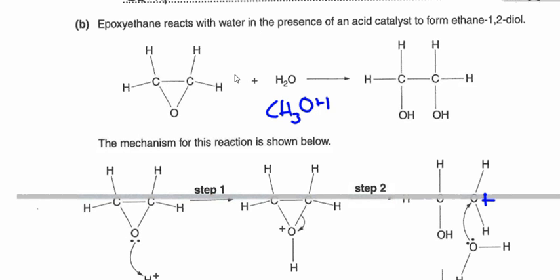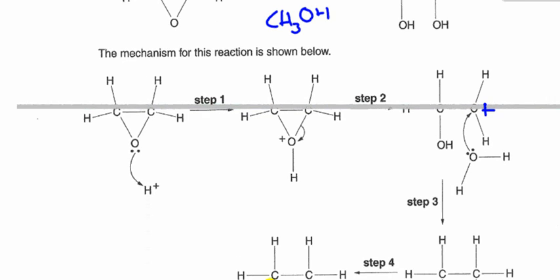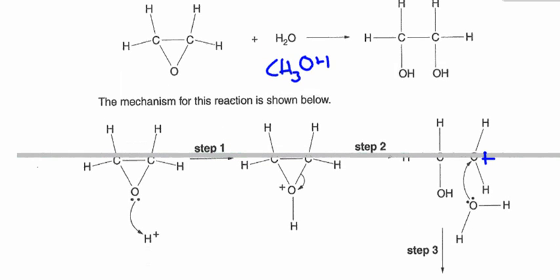So if you did the same reaction with epoxyethane, but instead of using water, you used methanol, what would your product look like? I'm not going over to these questions yet because it's easier to have a look at it on the actual mechanism itself. So if I used methanol instead, what would be the product that I formed here? Rather than ethane-1,2-diol, what would my product be?